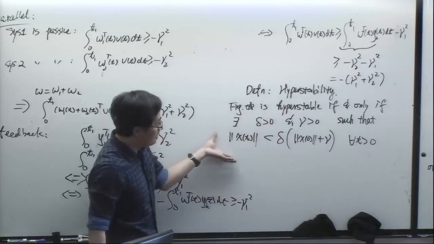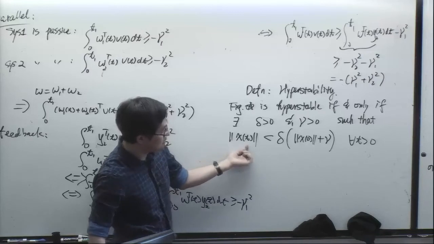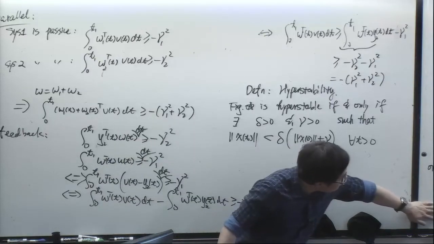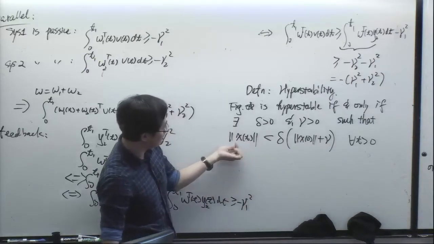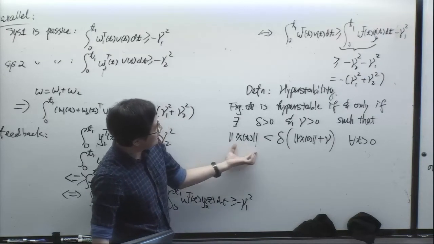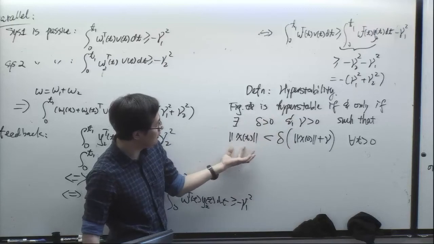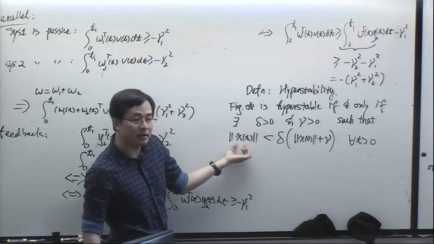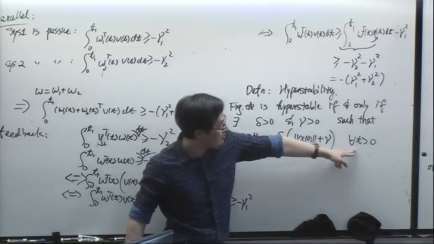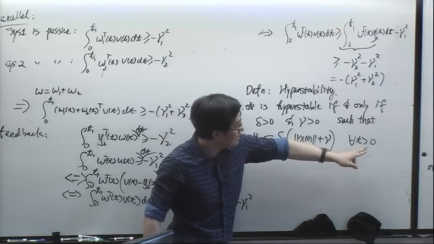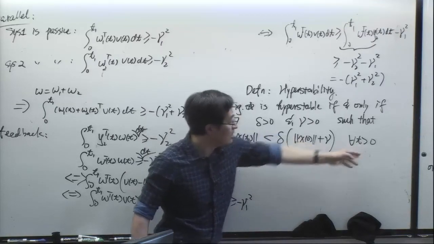So this is really becoming focused now. Remember, our focus is on nice behaviors of the states. This is really talking about the states. It's saying for a hyperstable system, the state has this nice property that it's always going to be bounded regardless of the time, whether it's 1 second, 10 seconds, or 1 day, 1 year.